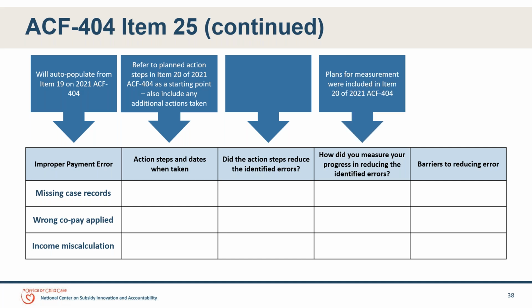All right, and then in the next column, how did you measure your progress in reducing the identified errors? Again, you can use your 404 report from 3 years ago as a starting point, because you did share in item 20, 3 years ago, what your plans for measurement were. So you can let us know here, did you actually measure that way, or did you do something else?